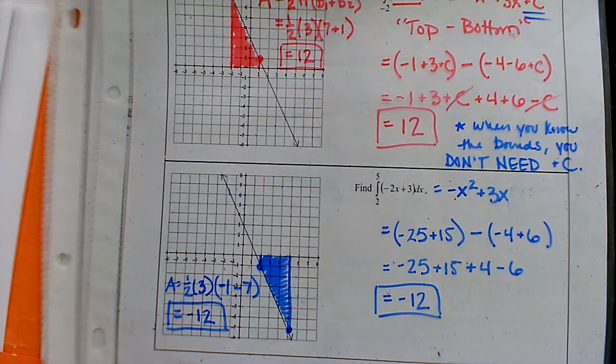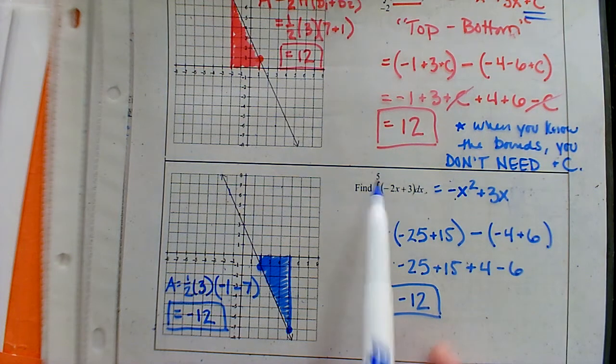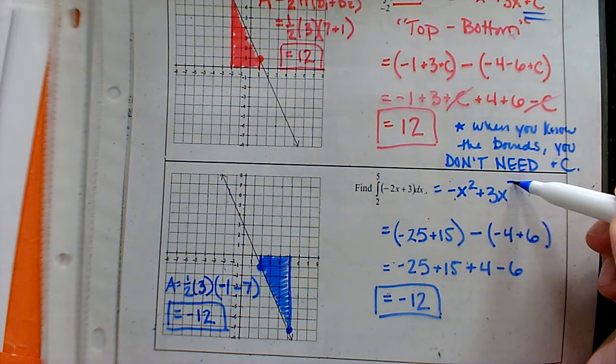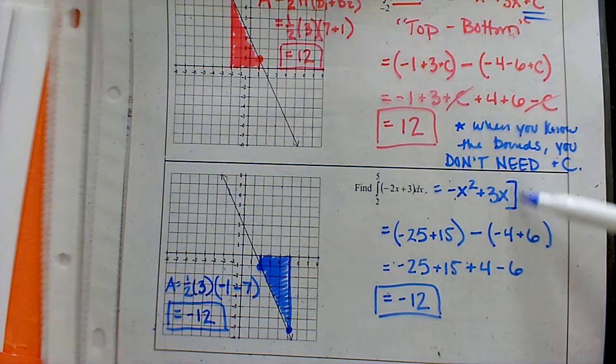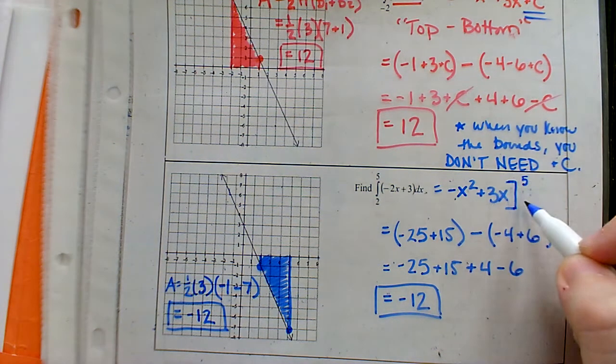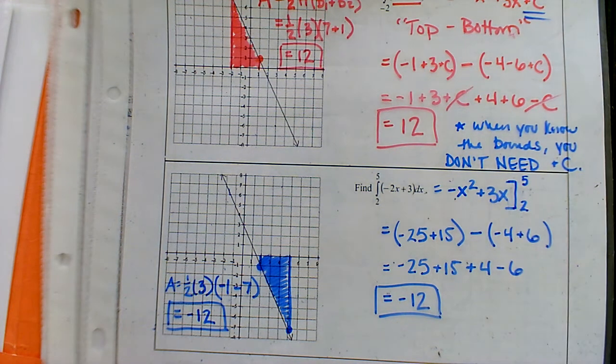We doing okay? All right. One little thing before we turn the page, just a little mathematic notation that is mostly common on the AP test. Whenever you know the bounds, you don't need to write the plus c, but what you might sometimes see in a textbook or on a worksheet is this bracket at the end, and they will rewrite the bounds on the top and bottom of that bracket.